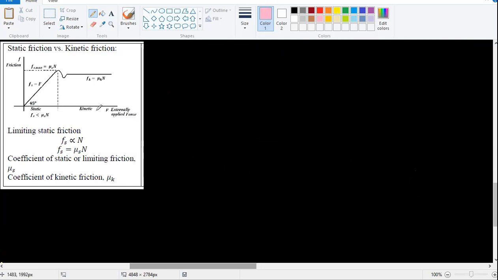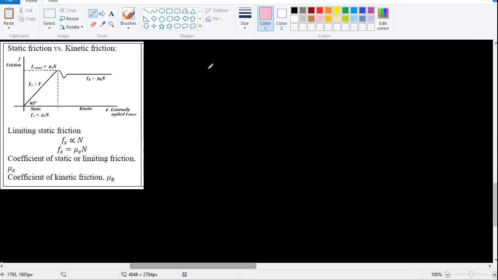As F external is increasing, F friction is also increasing. And then you see a small disturbance here, like a bump. So this is your maximum friction, and here it is your kinetic friction. So this is your static region, kinetic region.